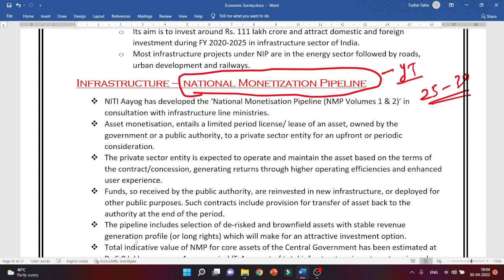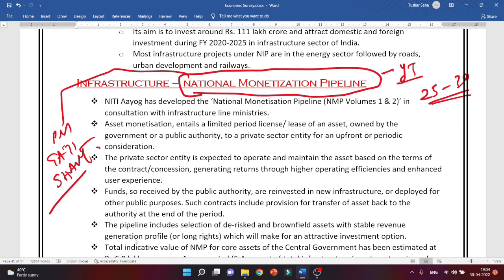And let me tell you one more thing. When you read the national monetization pipeline, please do also read about PM Gati Shakti, because when you read the national monetization pipeline, you will tend to get confused if you don't read PM Gati Shakti. So if you don't know about both of them, please go to the YouTube channel, you will find the videos.